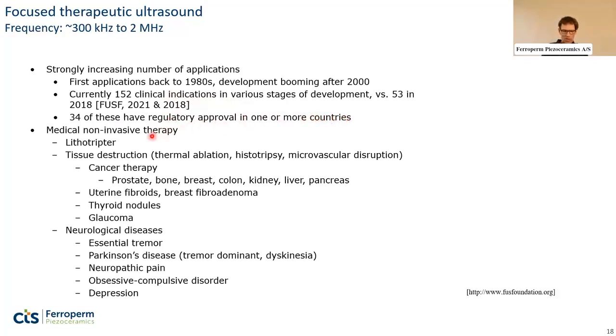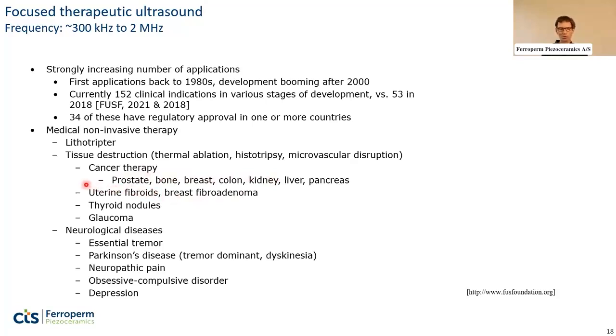I mentioned the lithotripter already, but a very interesting field is the destruction of tissue. This can be by thermal ablation, or it could also be by histotripsy or microvascular disruption. So for example, cancer therapy, where you want to kill cancer cells, basically. This has been used already for treatment of prostate cancer, bone cancer, and so on, as you see here.